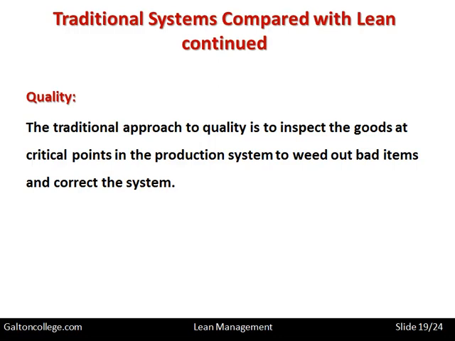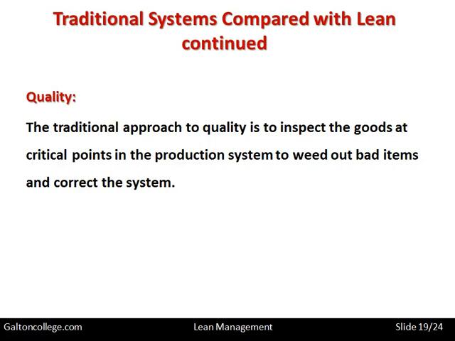It's like a statistical test to see what the quality is like, if the production is within the tolerances that are required. So that's the traditional way in which quality is checked.